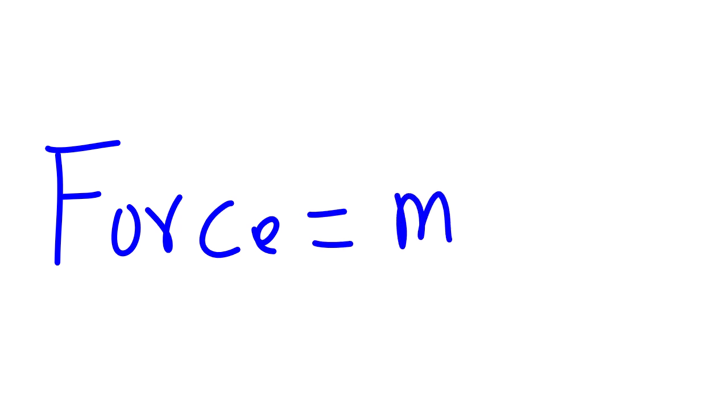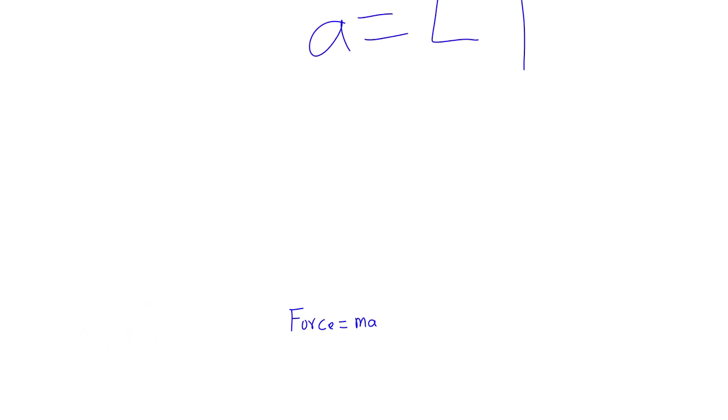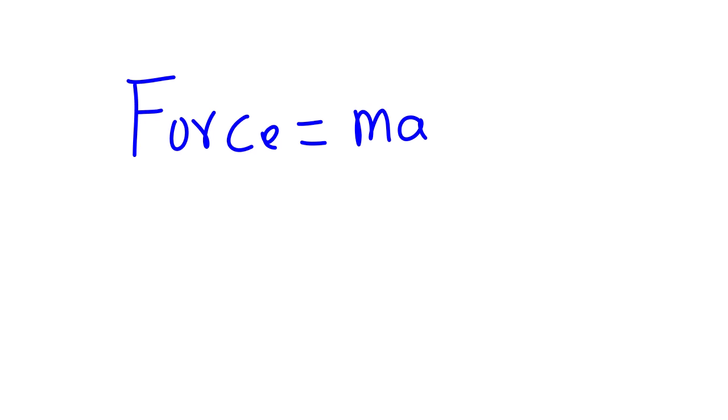The dimension of force. We know the formula of force is just m, which is mass, times acceleration a. We already have the dimension of acceleration as L T raised to the power of minus 2. So now we just multiply the dimension of mass by the dimension of acceleration, and we end up having the dimension of force.